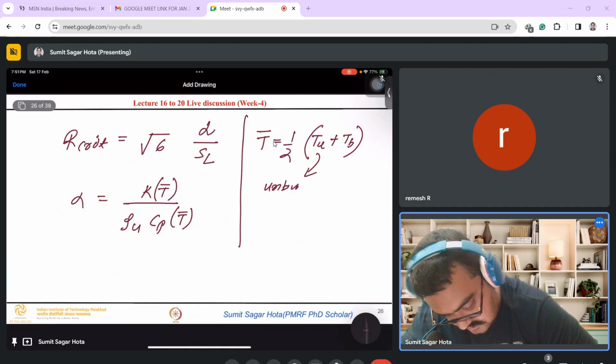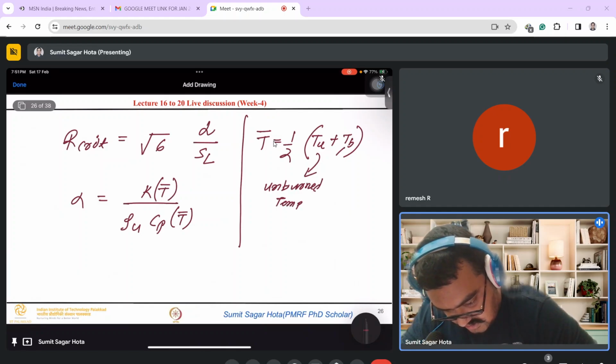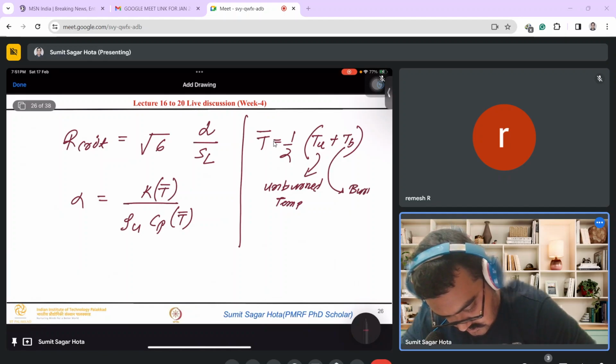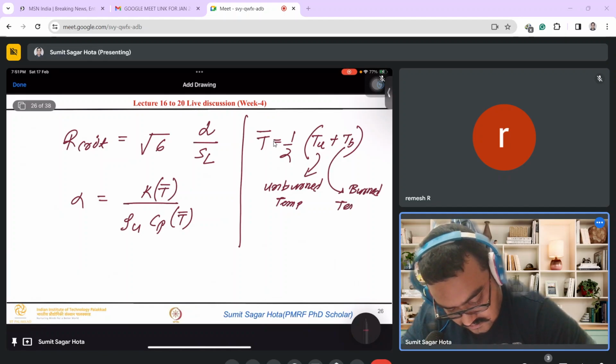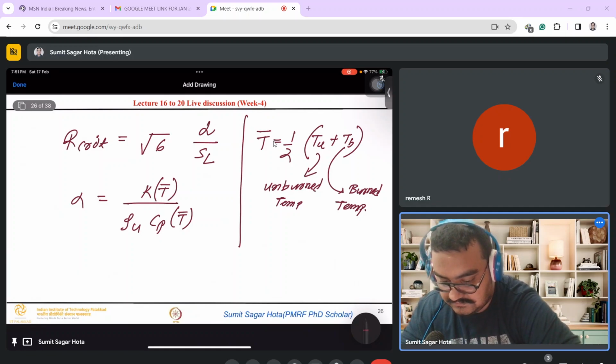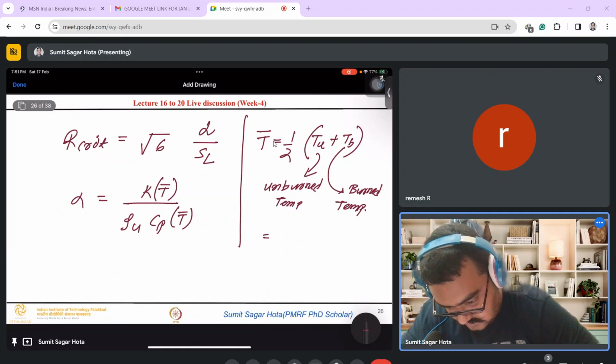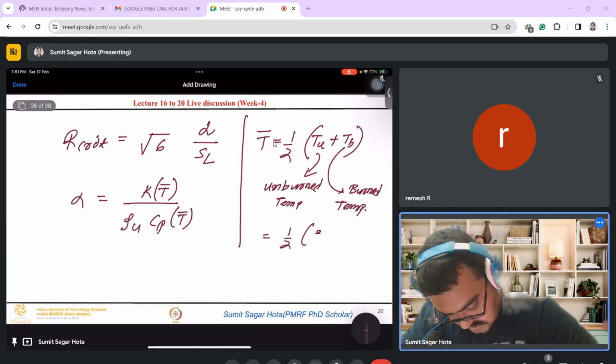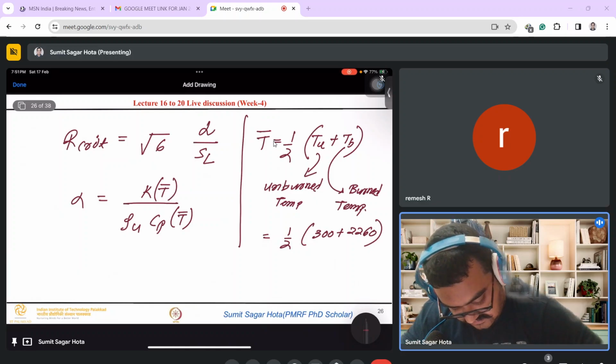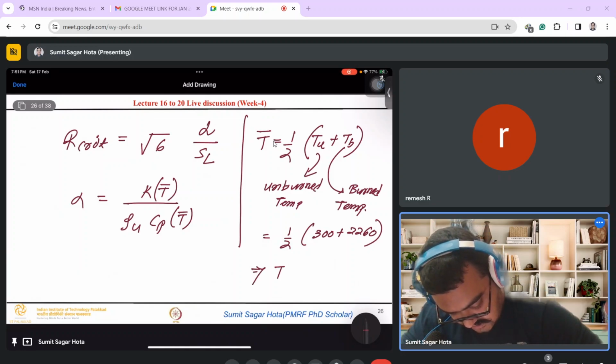On one side is the unburned temperature, and this is your burned temperature. So 1 by 2 (300 plus 2260) Kelvin, where 2260 Kelvin is the adiabatic flame temperature of propane.